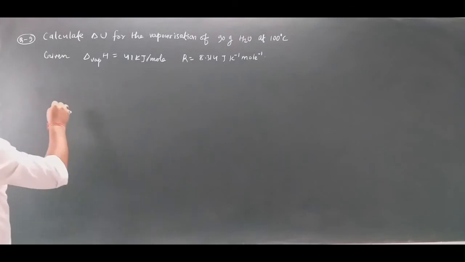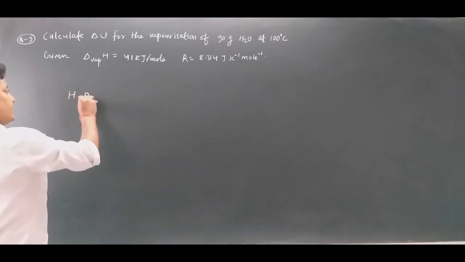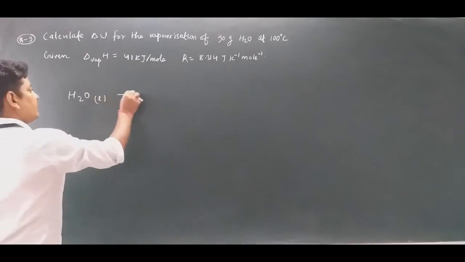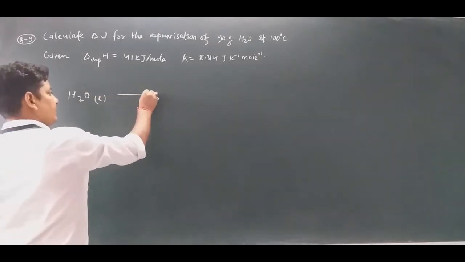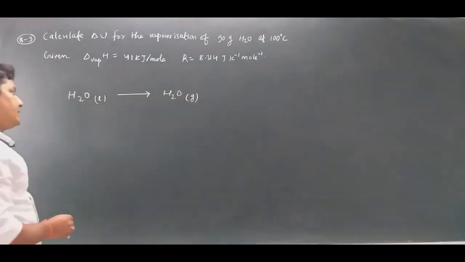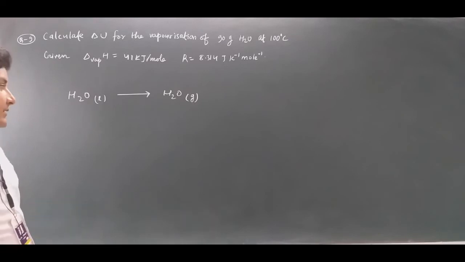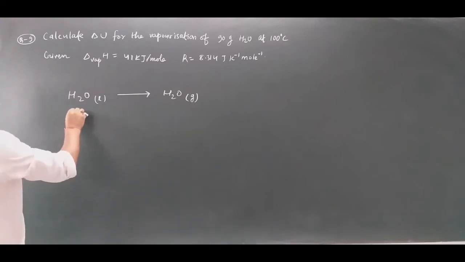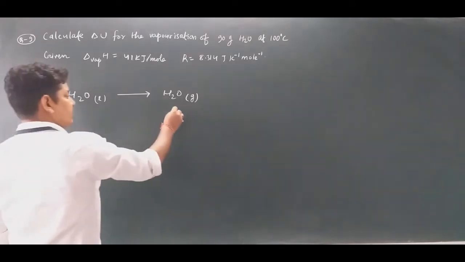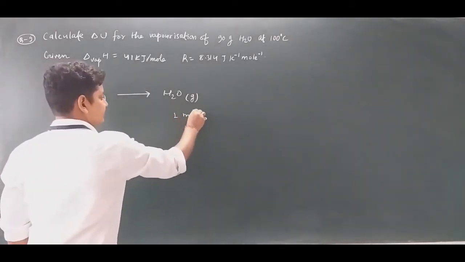So what is the vaporization process? The vaporization process is when 1 mole of a liquid is converted to 1 mole of a gas, then the enthalpy change corresponding to this process is known as enthalpy of vaporization. See here, this is 1 mole, so delta Ng is what? Here the number of gaseous moles is 1 mole.